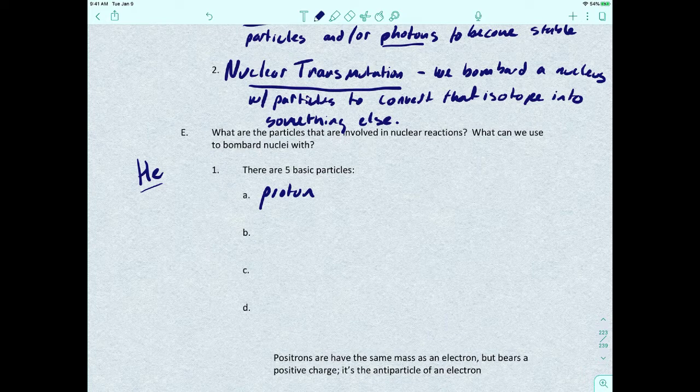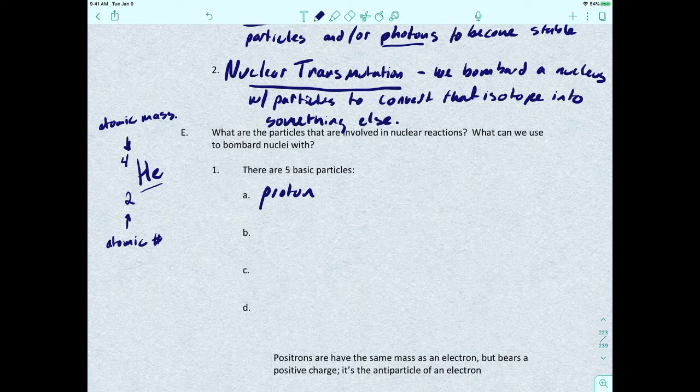So if we were writing the nuclide for helium, we would write the symbol for helium. In the upper left-hand corner, you're going to put the mass. So the mass of a helium atom is going to be 4. In the lower left-hand corner, you're going to write the atomic number.